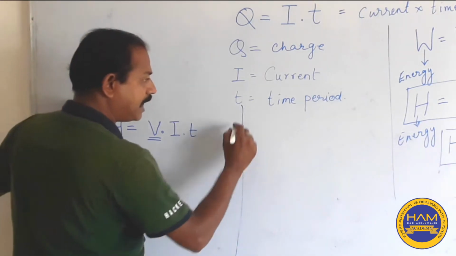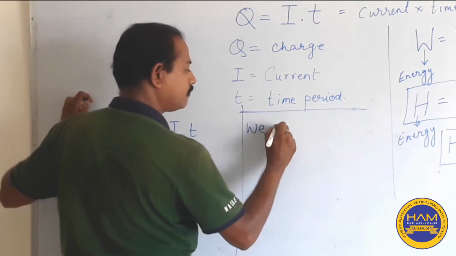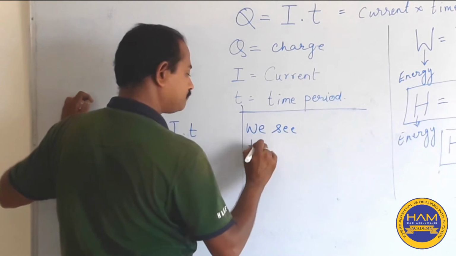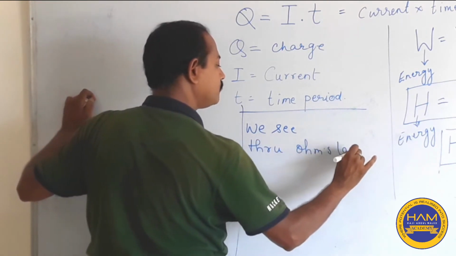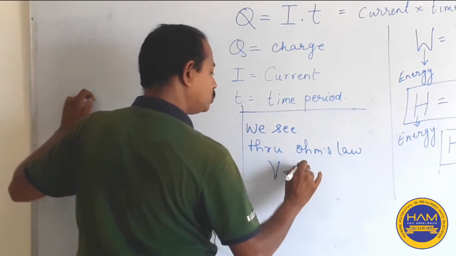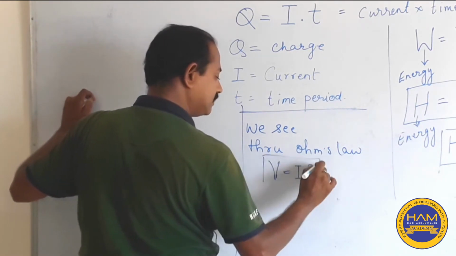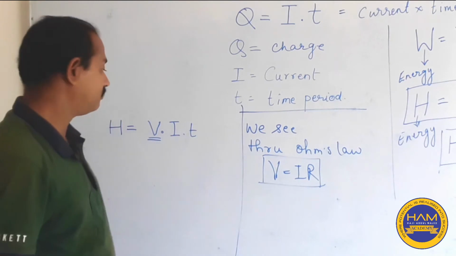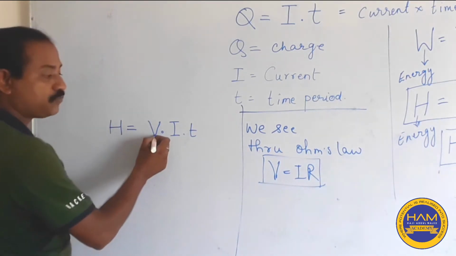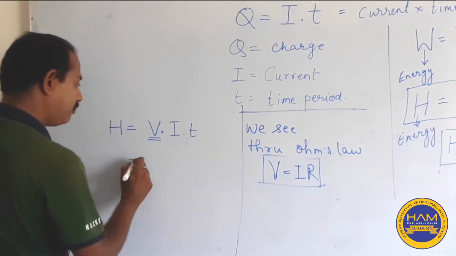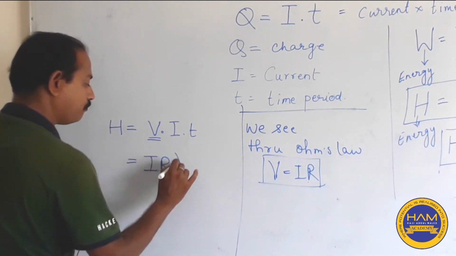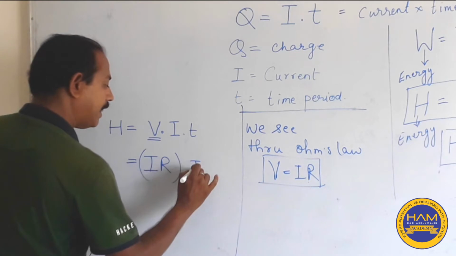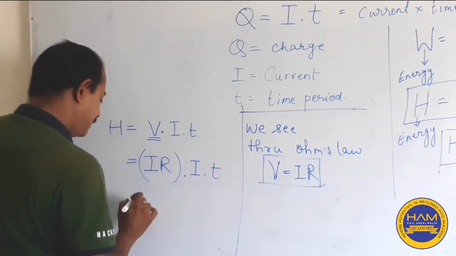Now we see through Ohm's law. What do we see through Ohm's law? V is equal to I into R. This is the relation which we already have. Now, if we replace V by this value, our equation holds as I R in place of V, into I into T. Now, what do we have?